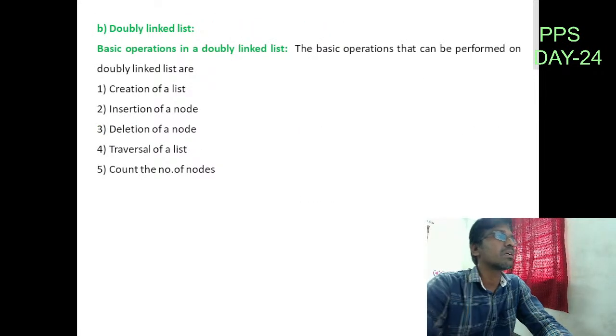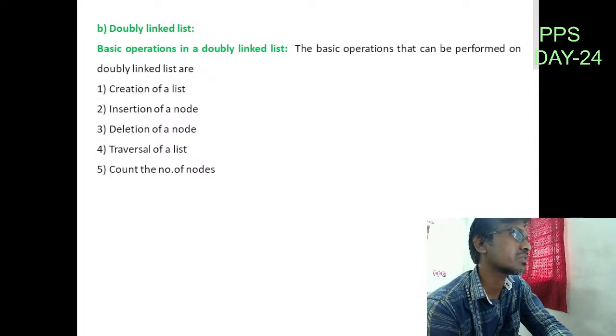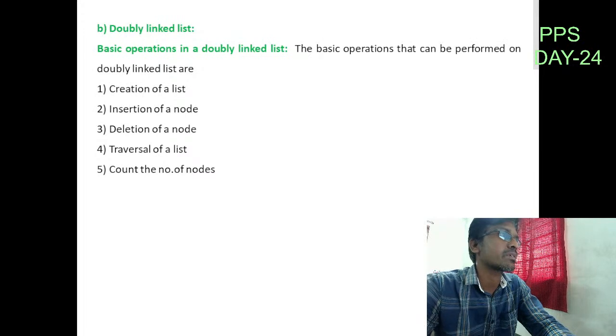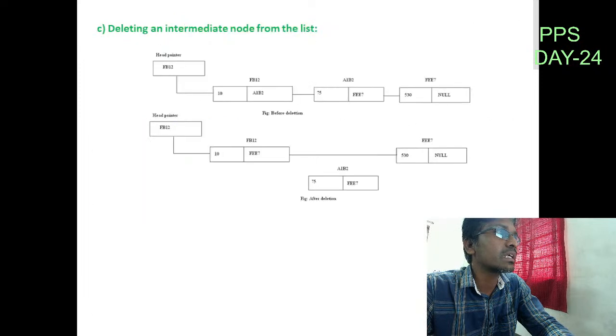Okay, now it is day 24. In today's class we will discuss the double linked list. What is the difference between a single linked list and a double linked list? In a single linked list, we travel from the head pointer to the first node, second node, third node, and so on up to the end of the list.